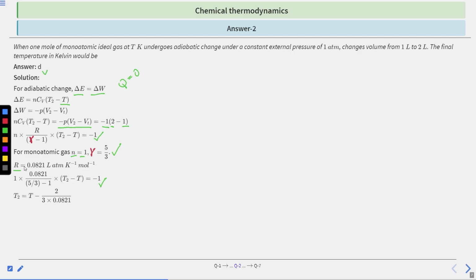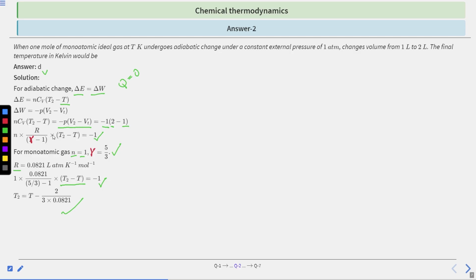So we can rearrange the terms here and find that T2 minus T will be equal to minus 1 multiplied by (5 by 3 minus 1) divided by 0.0821, and T2 can be written as T minus 2 upon 3 multiplied by 0.0821, which is our option D. So option D is the correct answer for this question.